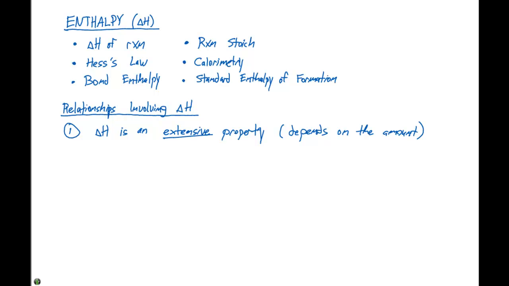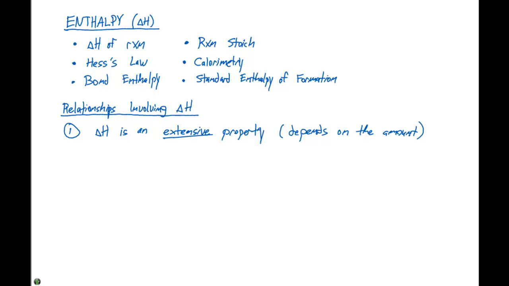So the amount of energy we can get from a particular chemical reaction, let's just say to power your automobile using gasoline, it's going to depend on the amount. The amount of work that we can get depends on how much gasoline you have. So if you have a full tank of gas versus a half a tank of gas versus a quarter tank of gas, you're going to be able to travel different distances with that amount of gasoline because the energy, or the delta H, depends on how much we have.